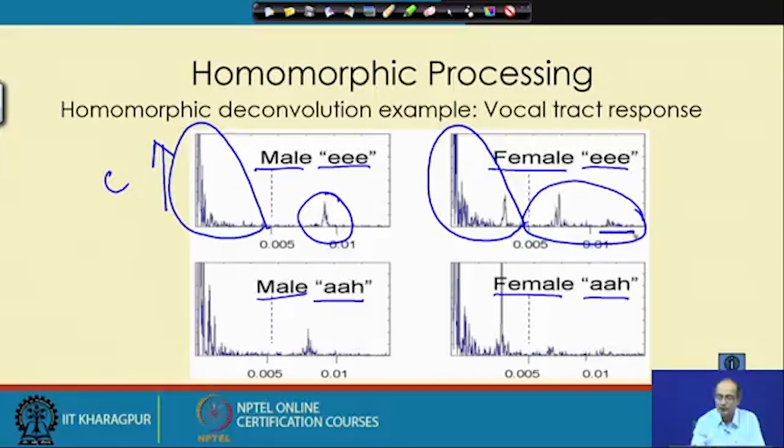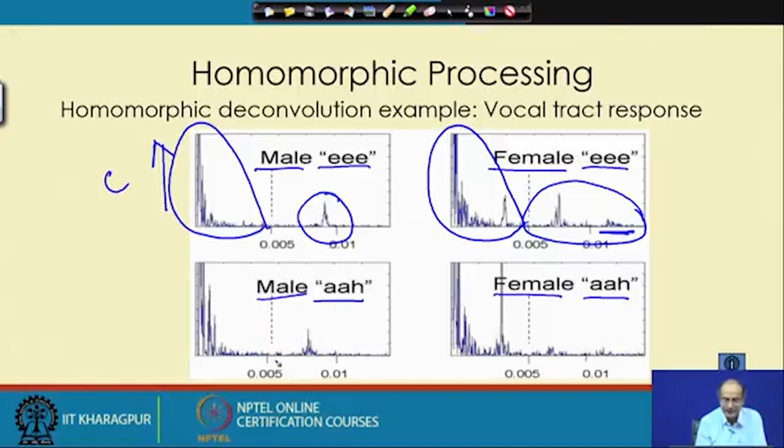These components at high frequency conform to the fact that, compared to the male speaker, the female voice is rich in high frequency components. The same thing we notice for the other utterance also.